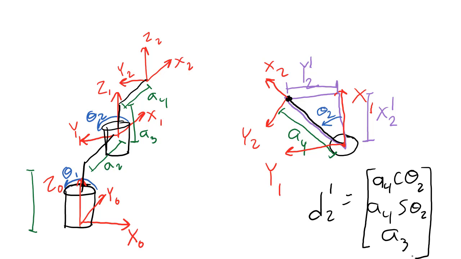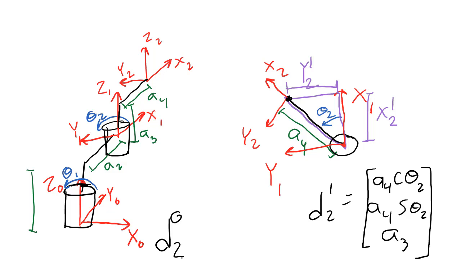Now, we've found D01 and we've found D12. Could we use these to get the value D02? D02 is really the value that we're after. It tells us the position of the end effector relative to the base frame.